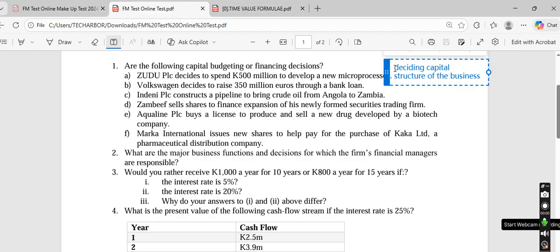When we talk about capital structure, we're talking about how much equity financing and debt financing the company is going to use. If you're an entrepreneur, capital structure for you is how much debt, so that's in terms of loans for your business, and how much of your money you're going to use.